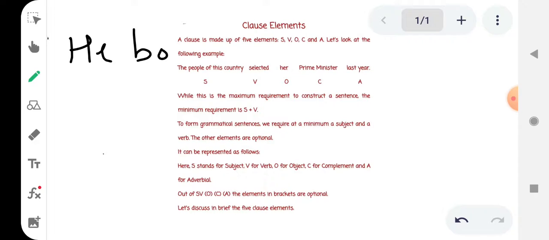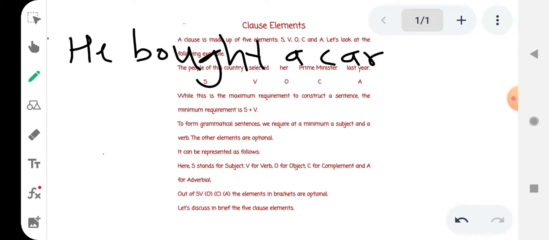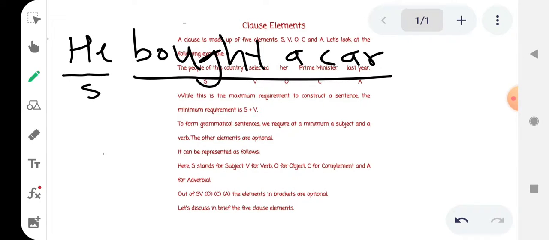He bought a car. This is one sentence. This is one sentence means this is a subject plus predicate structure. That means this is a clause.